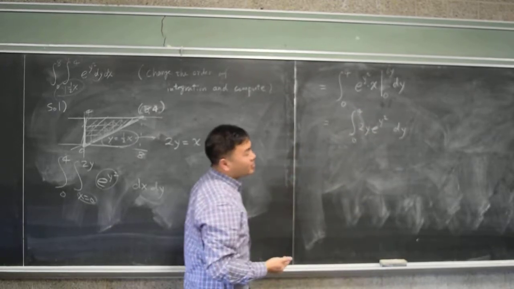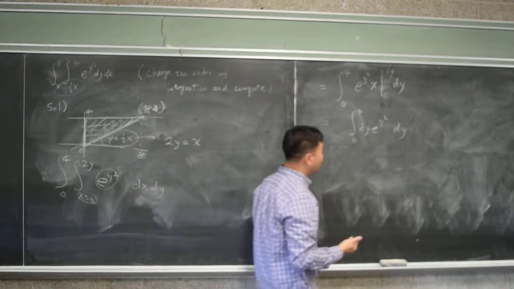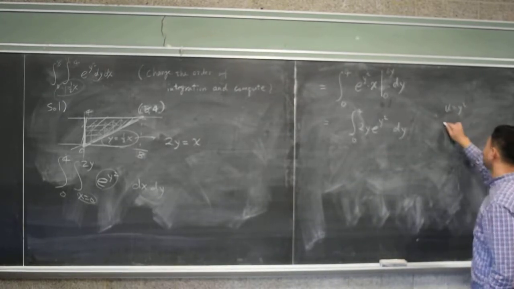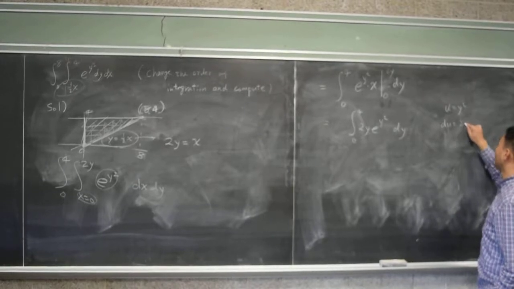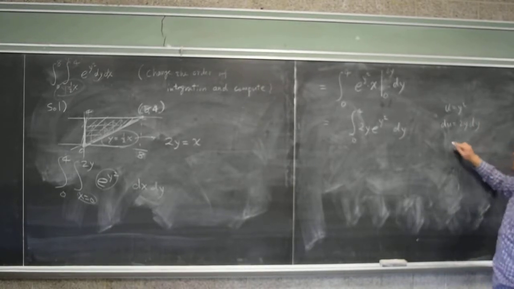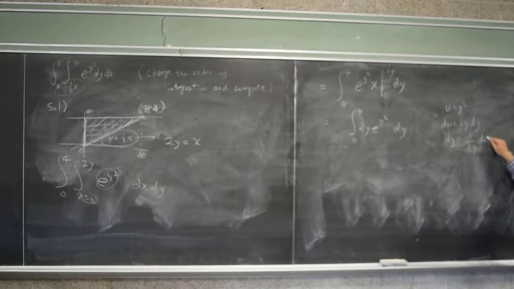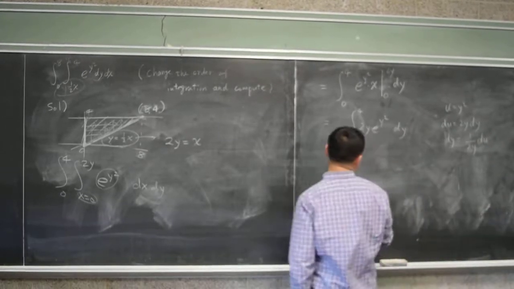And this one can be done by u substitution, right? Set u as y squared, du is 2y dy. So dy is equal to 1 over 2y du. So everything's good now.